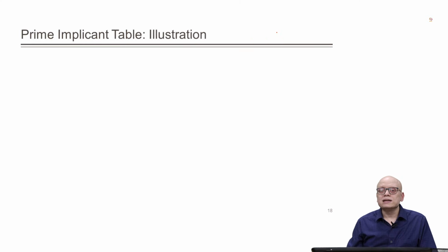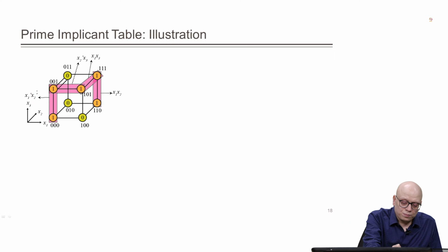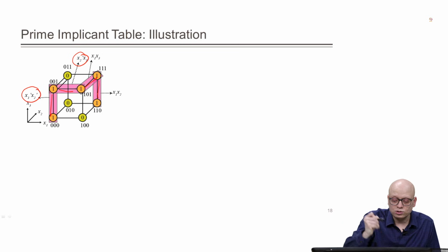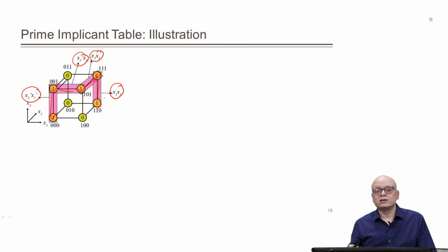So, let us take an example and understand. Suppose this was the given function, in which we have 4 prime implicants: first, second, third and fourth. And how many minterms are there? 1, 2, 3, 4 and 5 minterms are there.